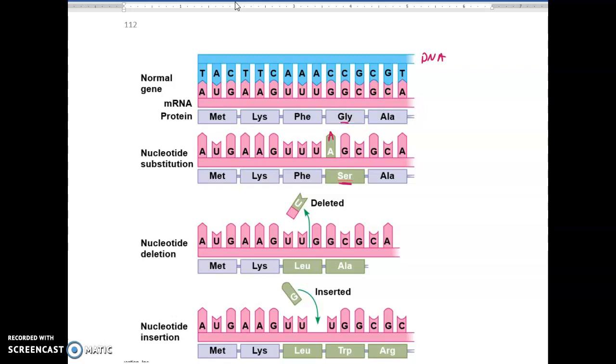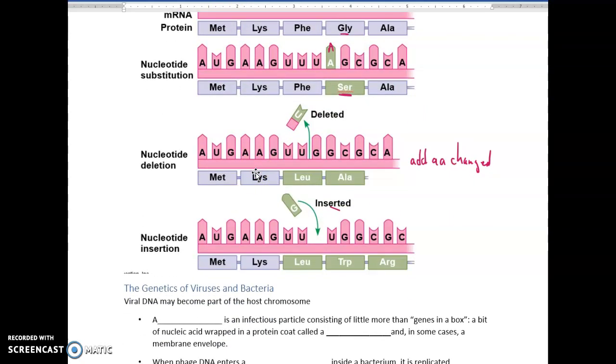Instead of lysine, and then UUU, we get UUG, and all of the amino acids are changed. Similarly, an insertion error causes all the amino acids past the error to be altered.